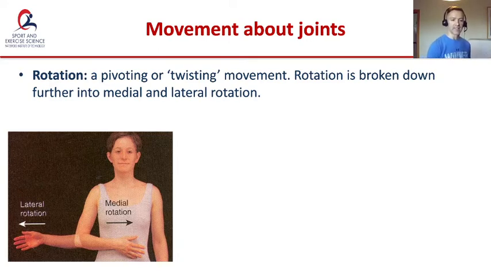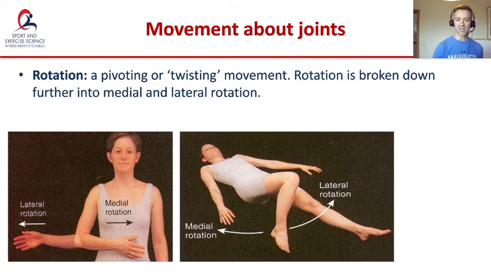So again, like in the image there, if you were to hold your elbow down by your side and put your hand out in front, if you turn your shoulder joint so that your arm is laying across your tummy, you have rotated your shoulder joint inwards. Your humerus has rotated towards the midline of your body in the shoulder joint, and from there, if you were to bring your arm back out to the side, that is lateral rotation. It is movement away from the midline of the body.